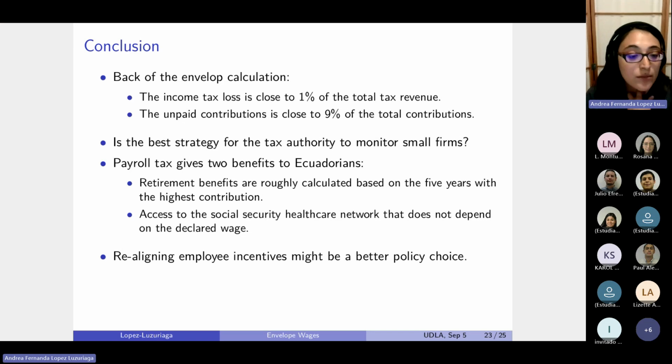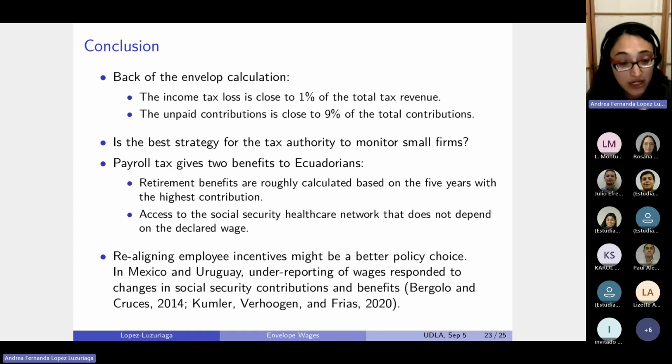So one part of our policy recommendation from this evidence is that it may be a better policy choice to realign these employees' incentives. If we look at the region, there are two experiences, in Mexico and in Uruguay, where there were Social Security reforms and the benefits got tied to the reported wage.